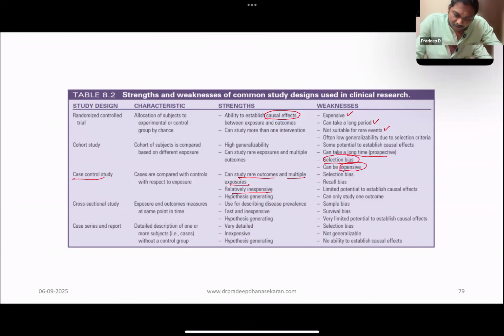The weaknesses include selection bias and recall bias. When you ask a patient who had the disease about a particular risk factor, he will obviously link that risk factor to the causality of the disease. So there is a possibility of recall bias in a case control study. So these are the three important studies we should know from an MCh point of view for examinations.